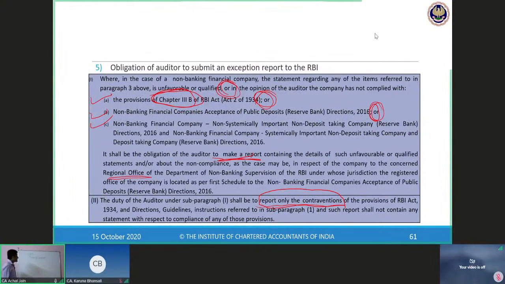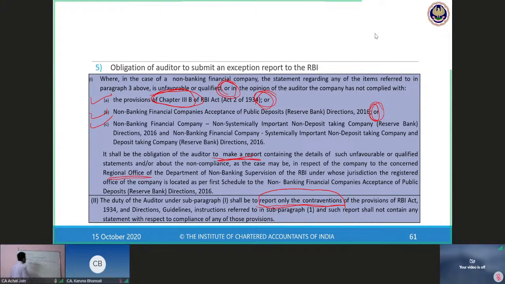And for this NBFC, CRAR is not as per the prescribed norms. Now in this case, even though CRAR is not as per the prescribed norms, this difference is marginal.